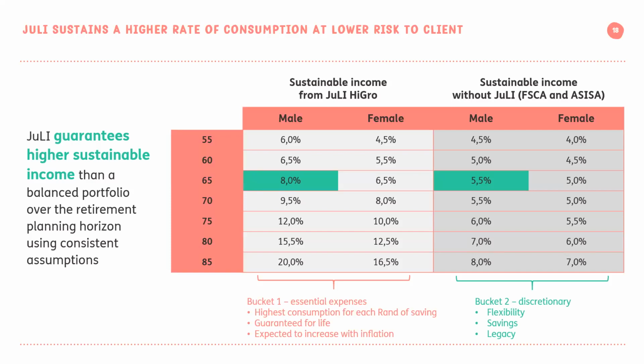On the right-hand side of the table, we've got the sustainable drawdown rates as issued by ASISA in 2018. Well, as issued by the regulator in conjunction with ASISA. So it's split between male and female over the different ages. And you'll see there that for the age of 65, a single life male sustainable drawdown rate is 5.5%.